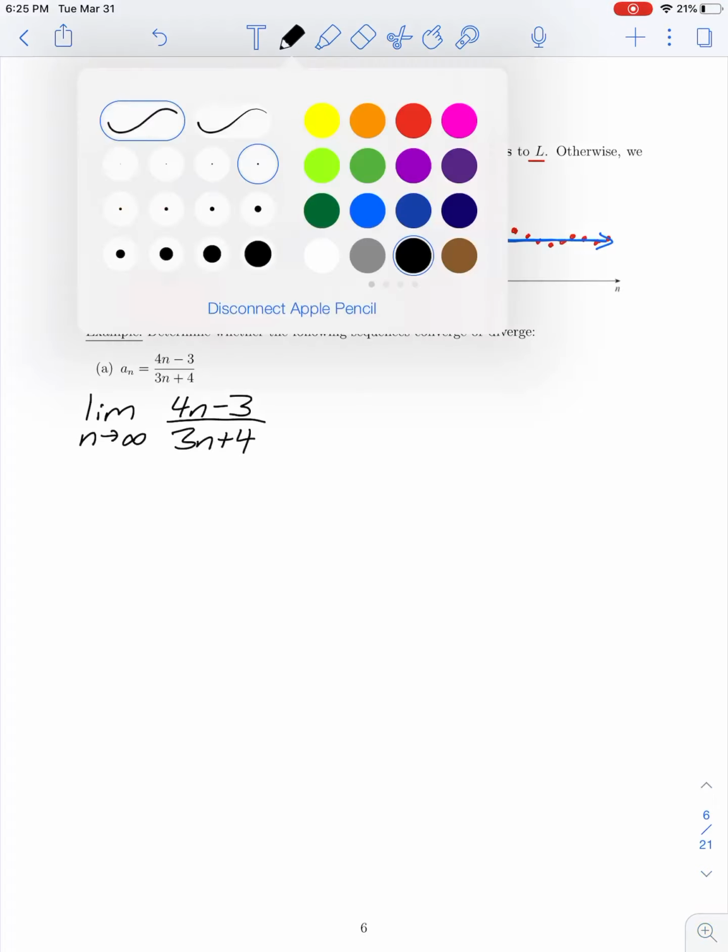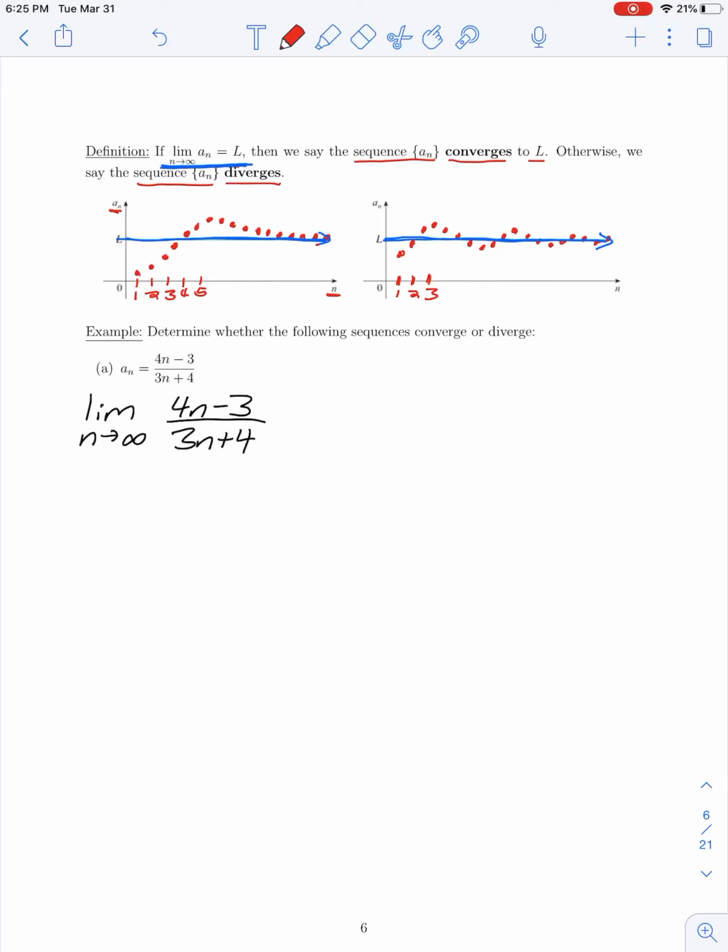So here, there's a couple of ways we could go about evaluating our limit. One way would be to recall what you saw in your Calculus 1 class. If we are taking the infinite limit of a rational function, that is a quotient of two polynomials, we would look at which term, our numerator or denominator, has the largest power of n.